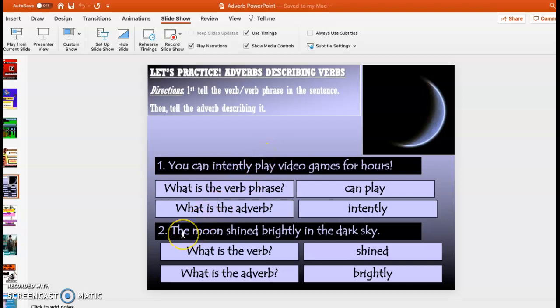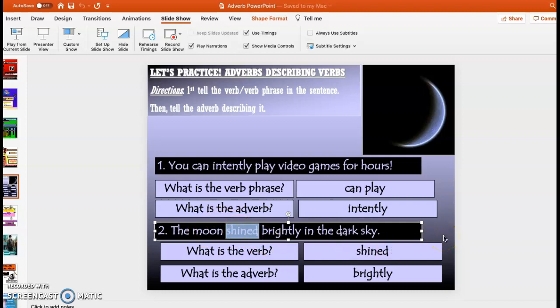Alrighty, moving on to example number 2. The moon shined brightly in the sky. Once again, our first step is to identify the verb in the sentence. In our sentence here, we know that shined is the verb. Moon is our noun. What is the moon doing? The moon is shining. That is an action.